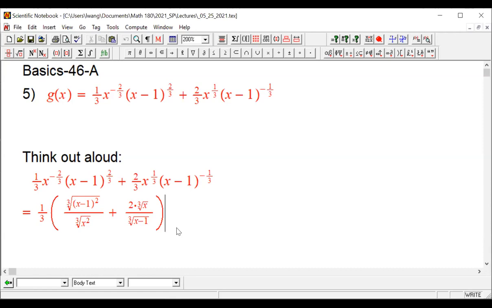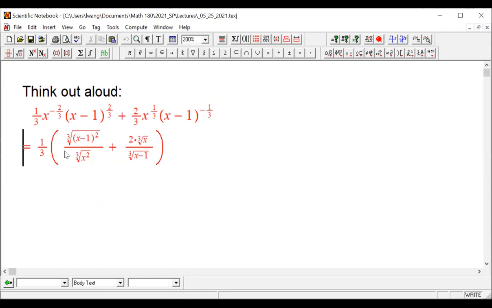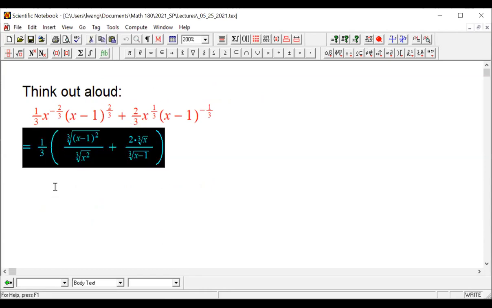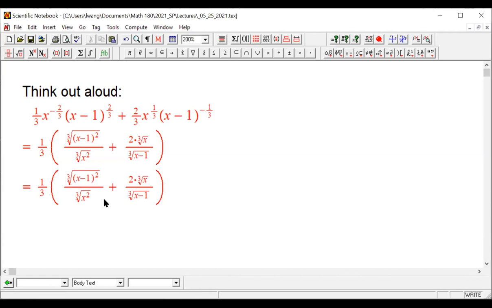So next we're going to make a common denominator. How do we make that common denominator? These two are different. So how do you make a common denominator in this other situation, where you have a over u plus b over v?